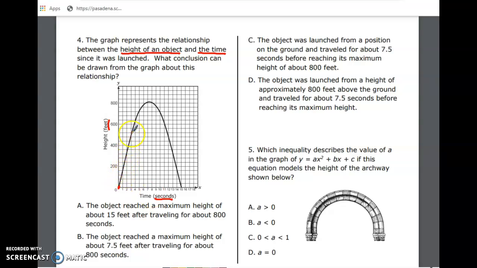Then it went all the way up, and right here, it got to a little bit more than 800 feet, and that was at about 7.5 seconds, right? Then it started coming back down, and it hit the ground at 15 seconds, right? The ground, because that would be 0 feet, so that's the ground.